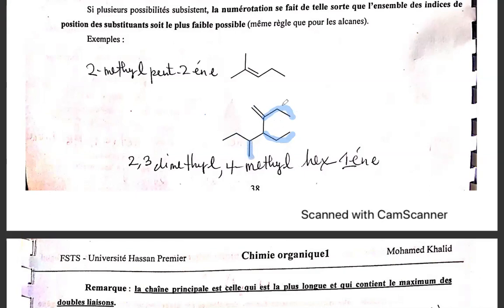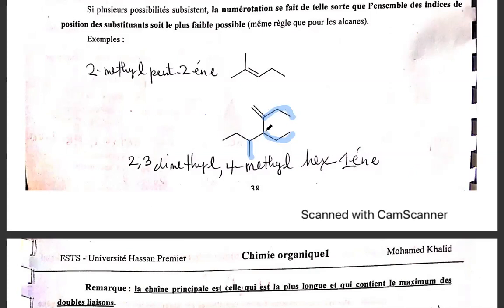So we said that we are going to go directly to rule number 4, which states we are supposed to align these in their alphabetical order, because we already know that the double liaison has given us the direction we're taking. This is the route we are going to take. So this is position number 2, and we have an ethyl there.